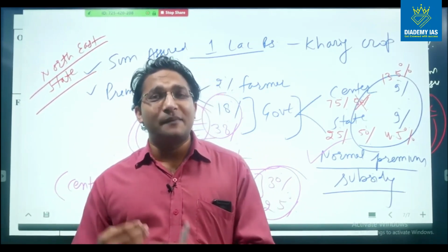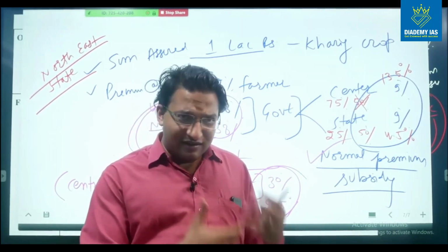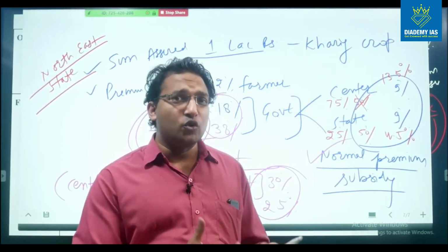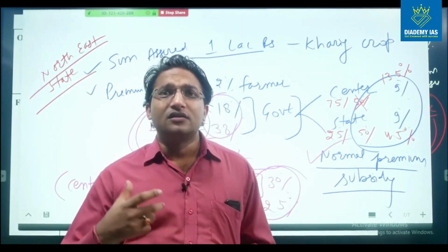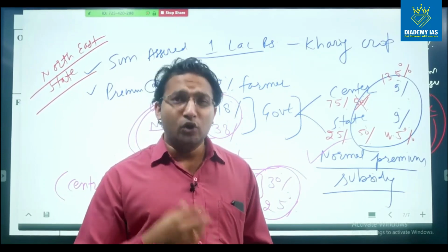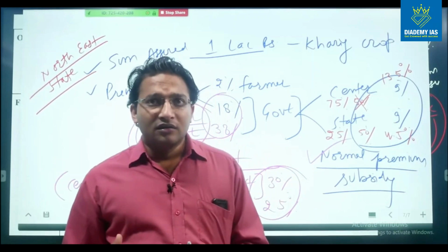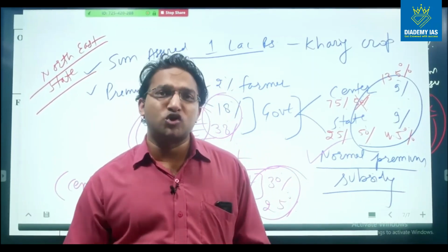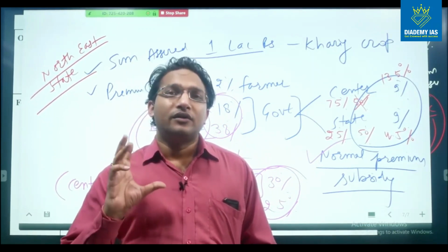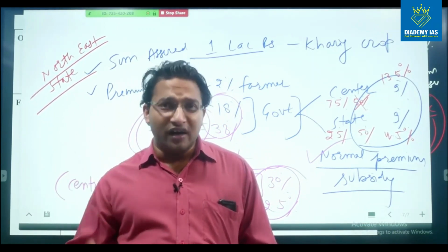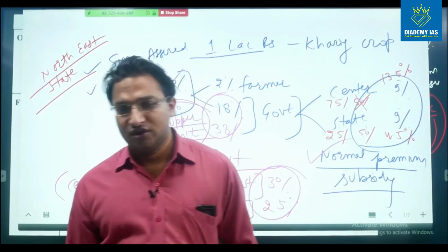Because it was mandatory, farmers had to pay the premium from their own pocket, which was very difficult for them, and because of that they were not getting the loan, because to get the loan they had to pay the insurance premium, which was not affordable for them. So because of that this scheme was made voluntary rather than mandatory, right? So this is also one of the important changes, right?